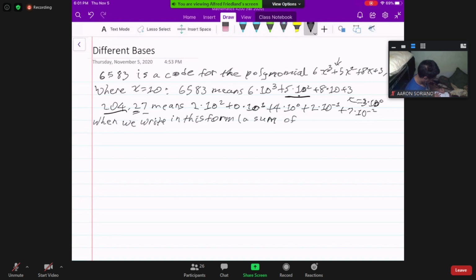So here's the sum, there's the sum you're adding, right? A sum of multiples of powers of 10. 10 to the 3, 10 to the 2, and so on, 10 to the 1, 10 to the 0.